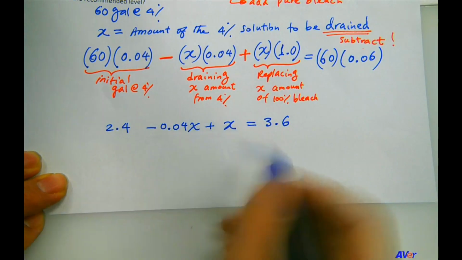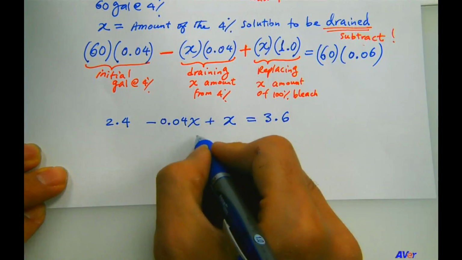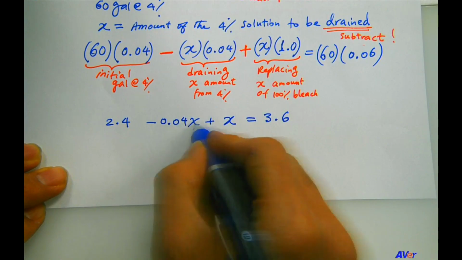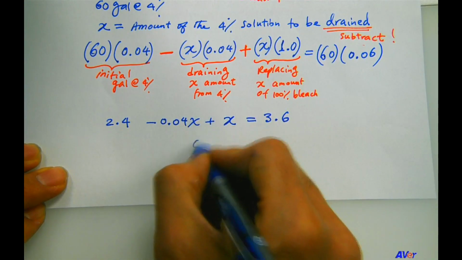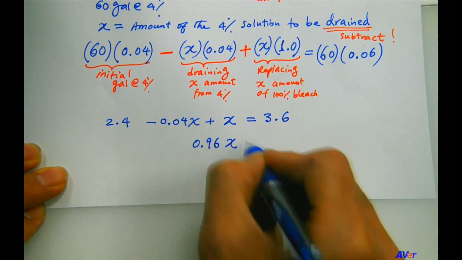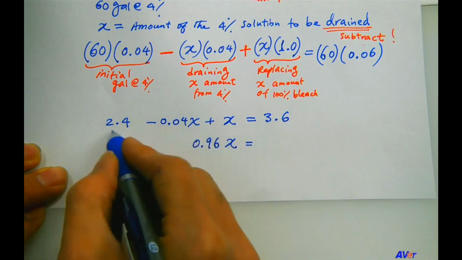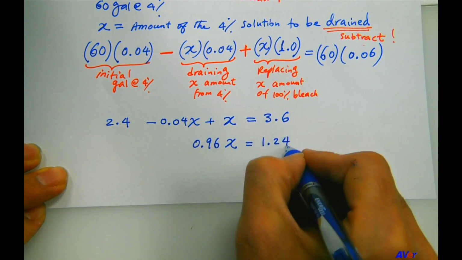So let's combine the like terms. These two added, we get minus 0.04x plus 1.0x is positive 0.96x, equals 3.6 minus 2.4, that is 1.2.